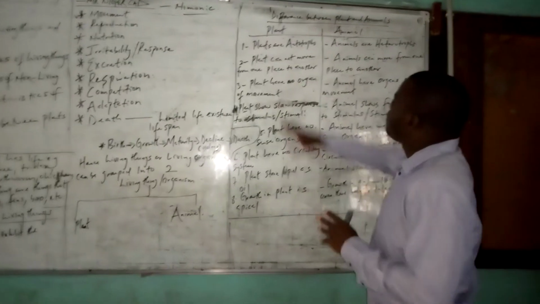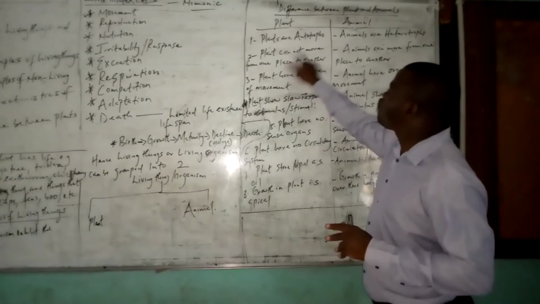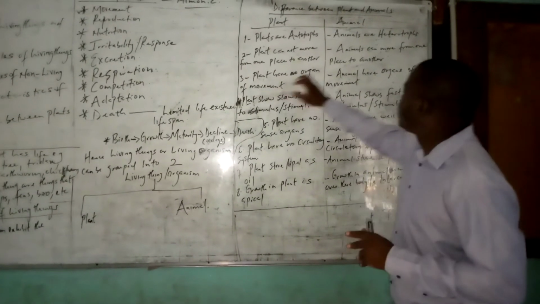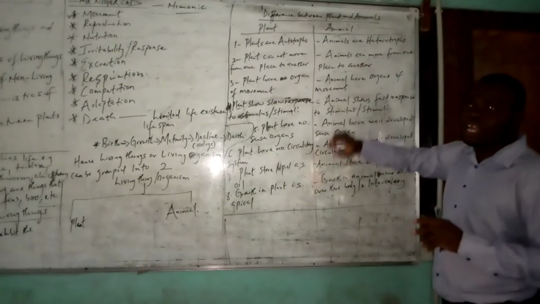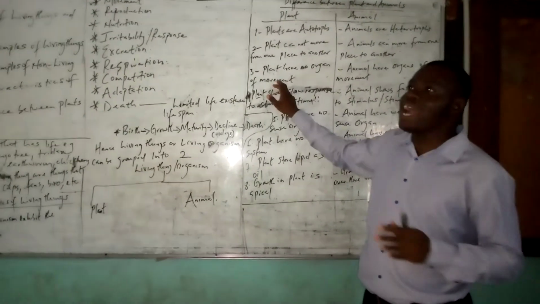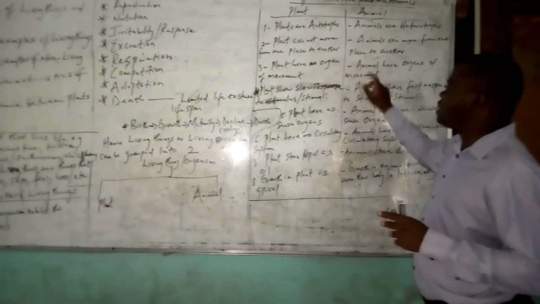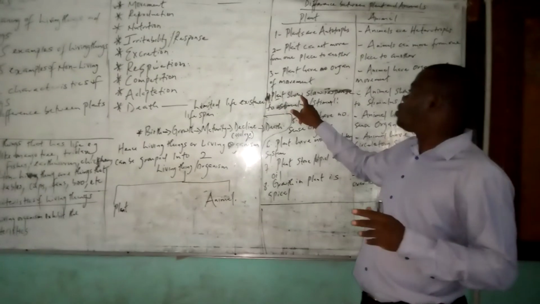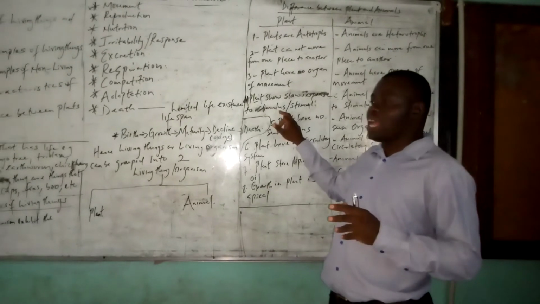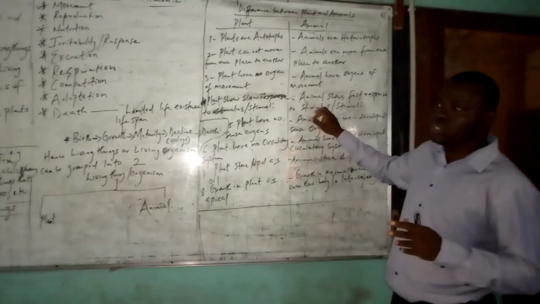You understand? Now, plants cannot move from one place to another, while animals can move from one place to another. Another one, plants have no organs of movement, while animals have organs of movement. Plants show slow response to stimuli, while animals show fast response to stimuli.